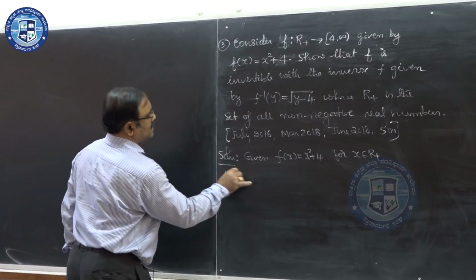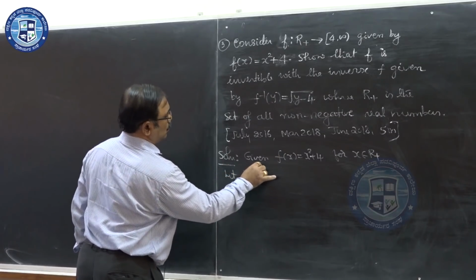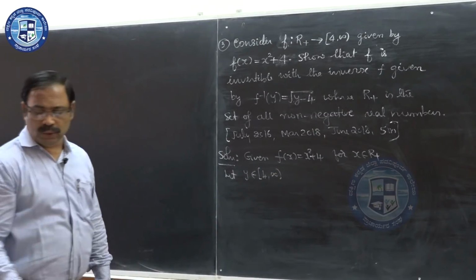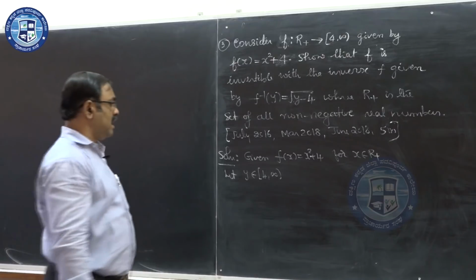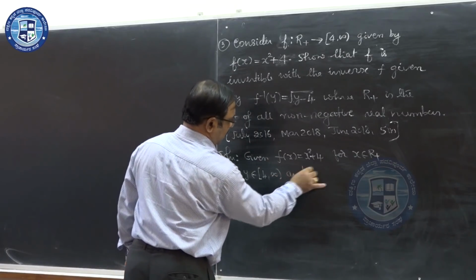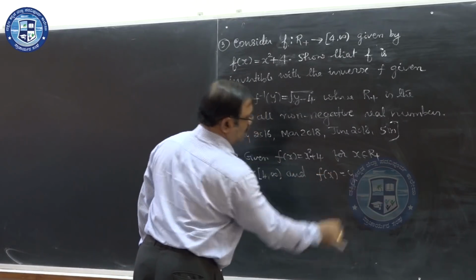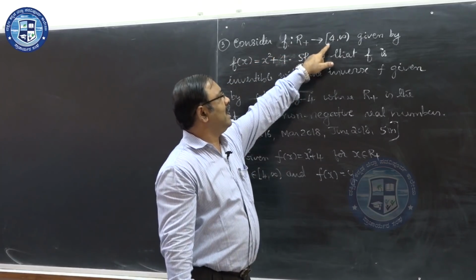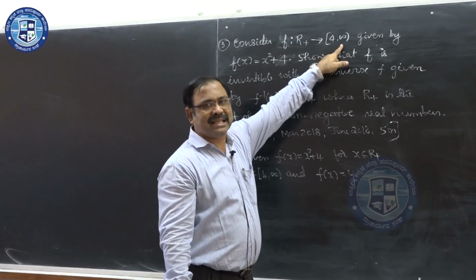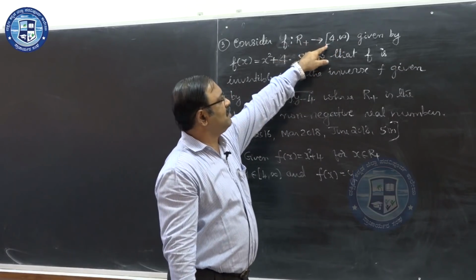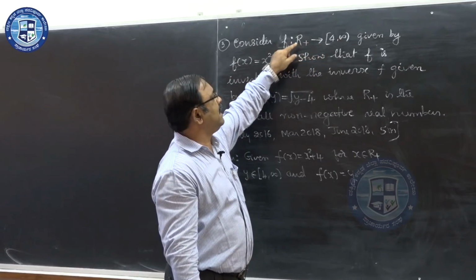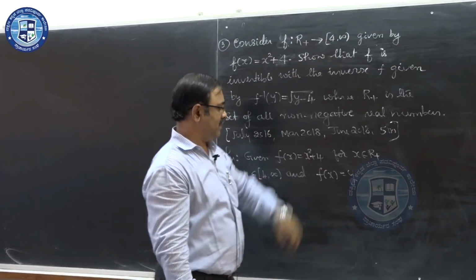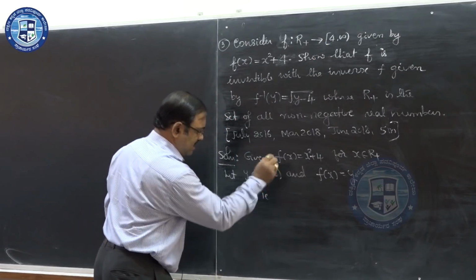Now, let y belong to 4 comma infinity and f of x is equal to y. See, you are finding an element y in 4 comma infinity such that for each of these elements there exists an element x in R plus such that f of x is equal to y.